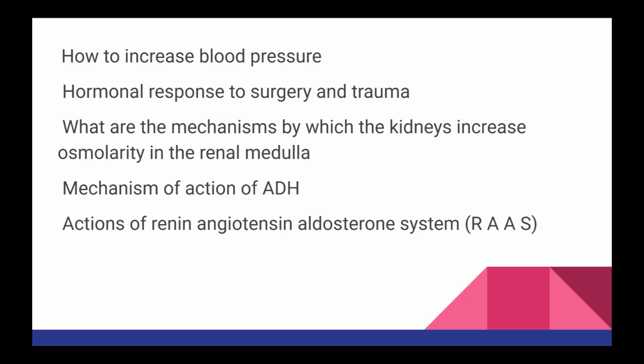Okay, so what is the mechanism of action of antidiuretic hormone? Antidiuretic hormone helps in retention of salt and water. It also does vasoconstriction. It also results in contraction of the mesangial cells, resulting in decreased GFR. It also inserts aquaporin channels into the collecting ducts, hence resulting in increased water reabsorption, solute-free water reabsorption.